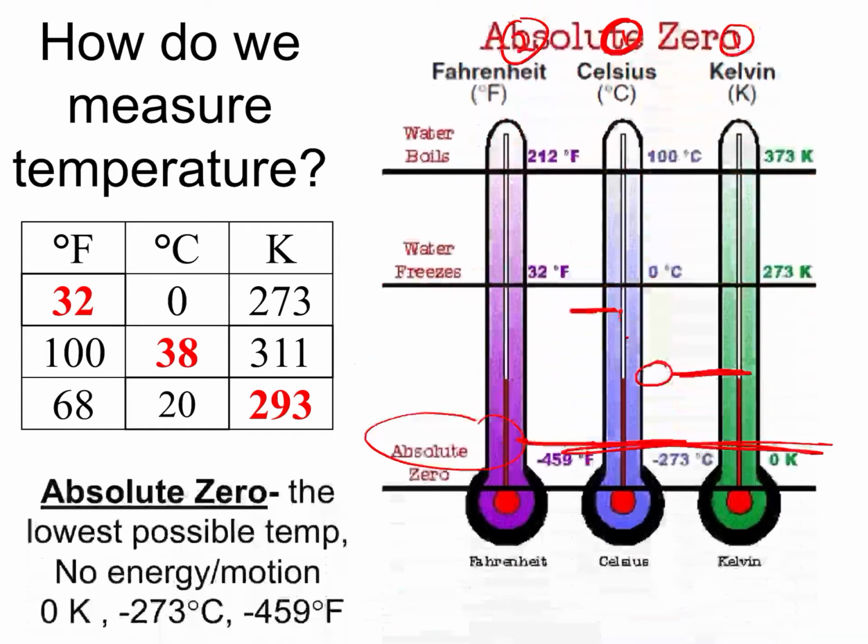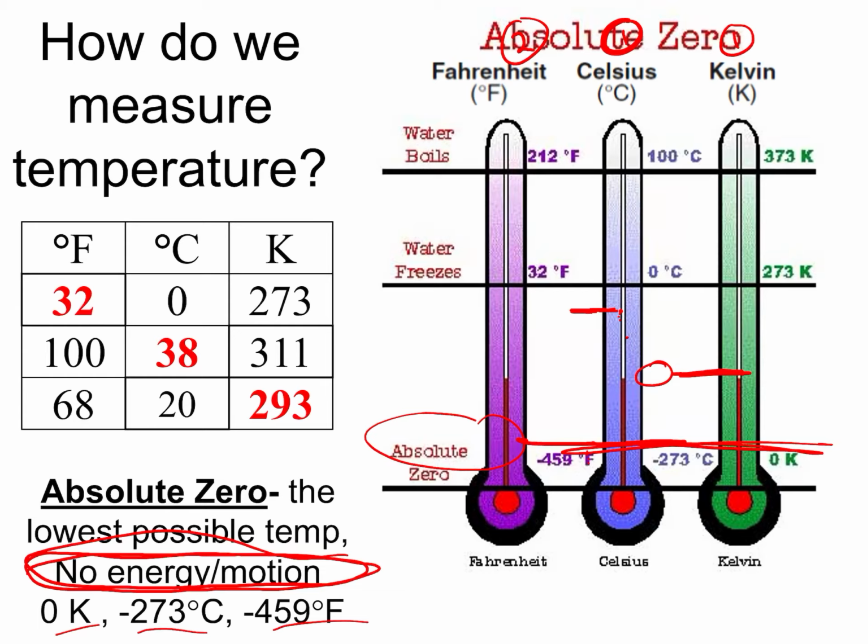Absolute 0. This is going to be on your quiz on Friday. The lowest possible temperature. This is when it gets so cold that there's no energy and the molecules totally stop moving. All right, and here you have all three temperatures, right? 0 Kelvin, which is negative 273 Celsius, which is negative 459 degrees Fahrenheit.